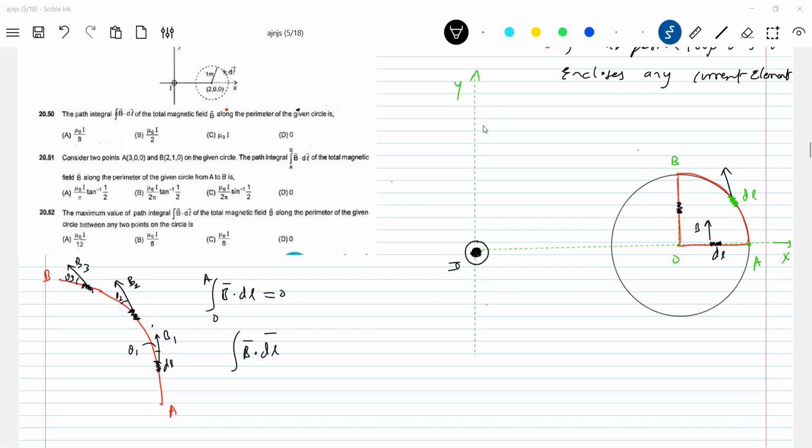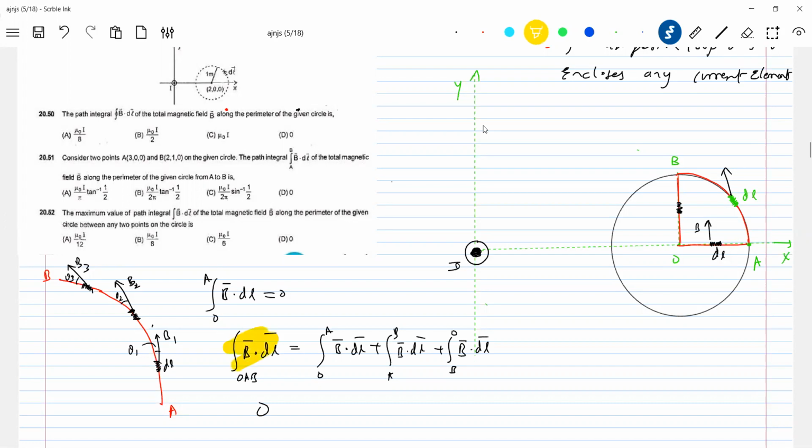For total OAB, it should be 0. And what should it be equal to? The integral of B bar dot dl over OA, plus AB, plus BO. This should be 0, no?